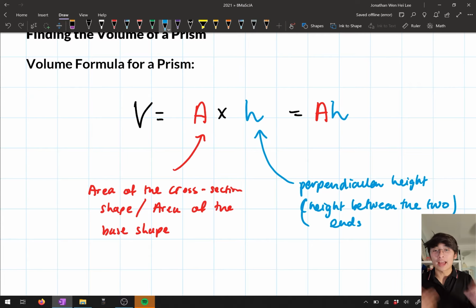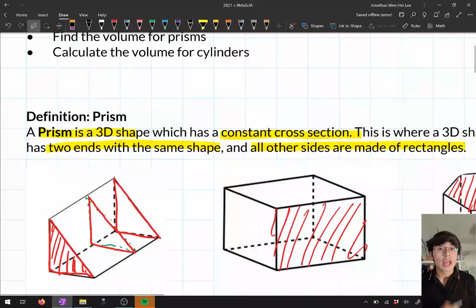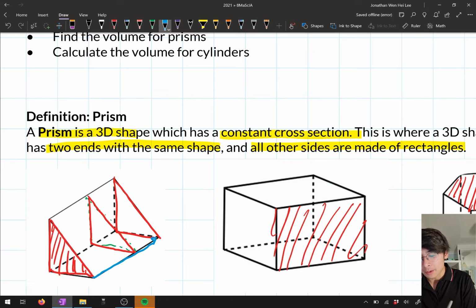If you have a look back at our prisms, what we're looking at here is just the distance between those two end shapes. So here, the height for my triangular prism would be from over here to here. So this would be height. In the middle one, the rectangular prism, it'd just be this measurement here, this height over here.